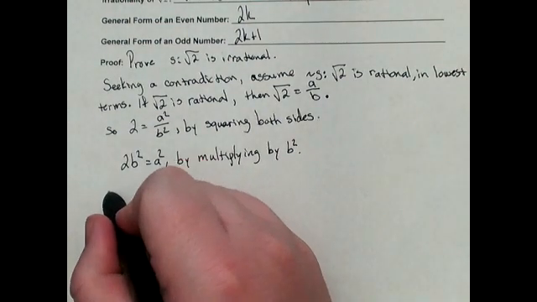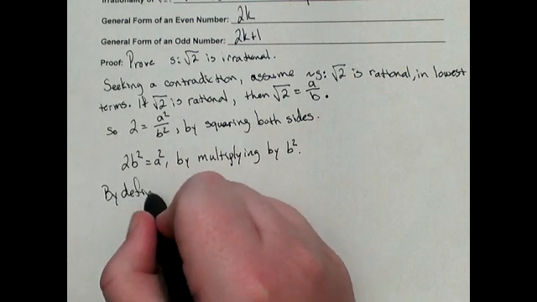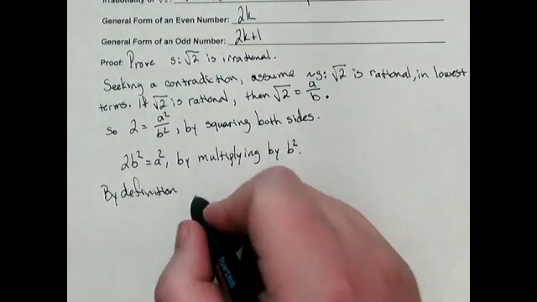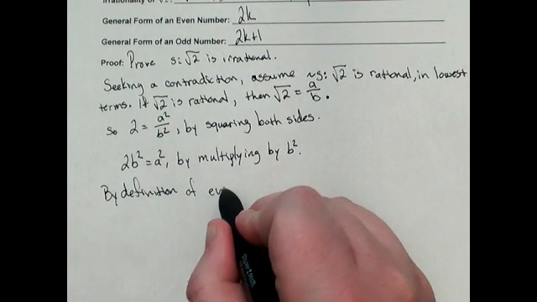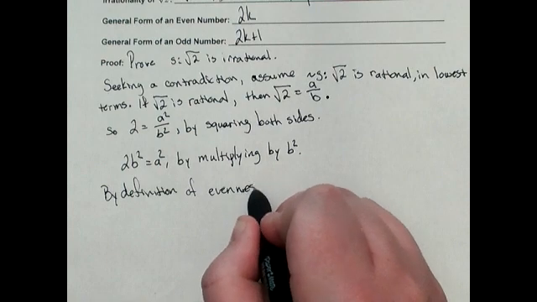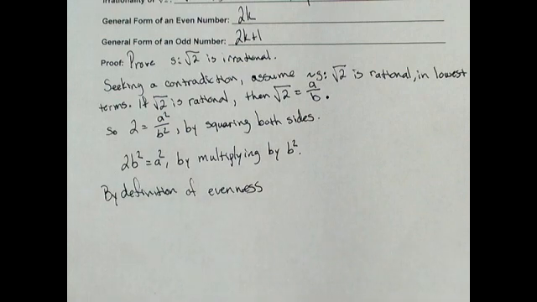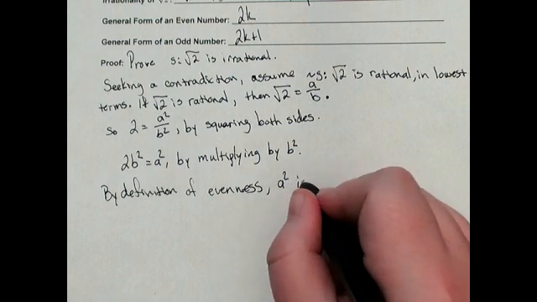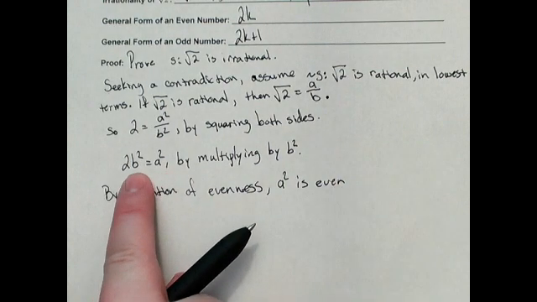Now, by definition of being even, a squared is even because a squared is now written as 2 times something.